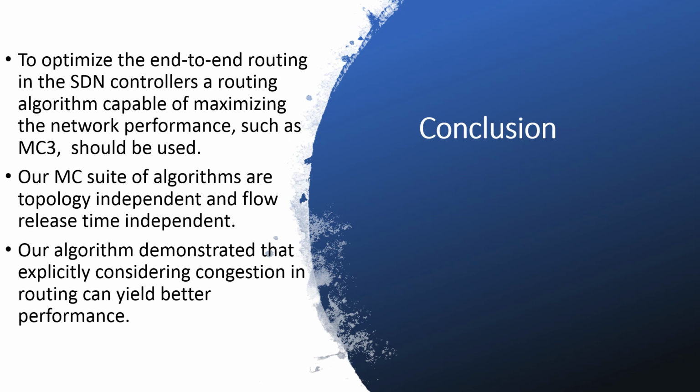The diversity of our MFMC suite of algorithms demonstrates that a shortest path approach, such as MC3, as opposed to a balanced or longer path approach, yields the best expected performance across the broad range of network types and flow size distributions.